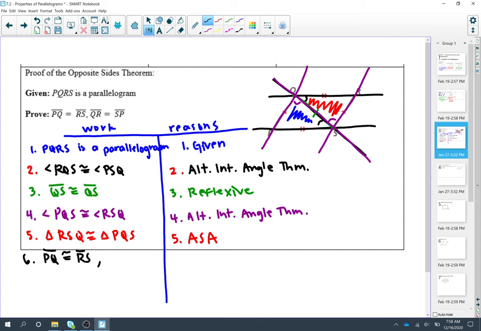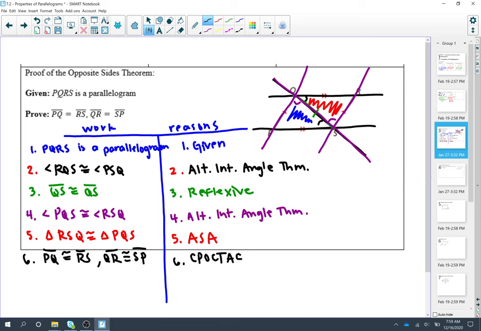And at the same time, I'm going to say QR is congruent or equal to SP. And once again, I'm not going to get too crazy about congruent versus equal here. And the reason I can say that is because corresponding parts of congruent triangles are congruent. So if the two triangles are equal, then their sides are also the same length, and that's your proof.